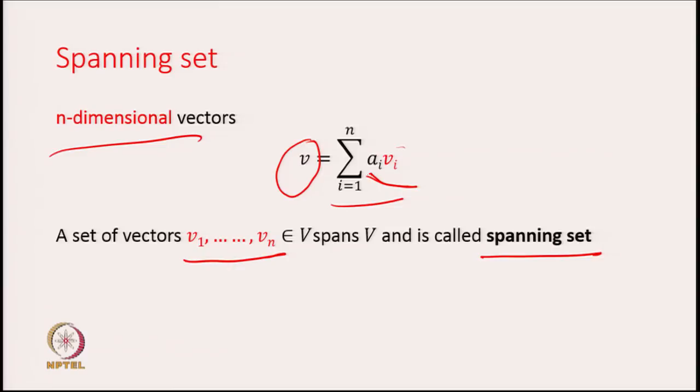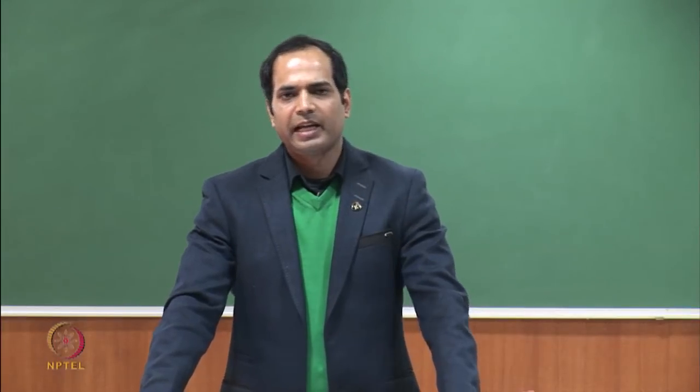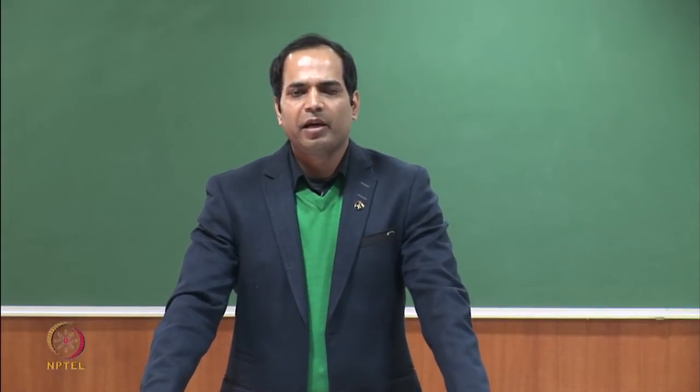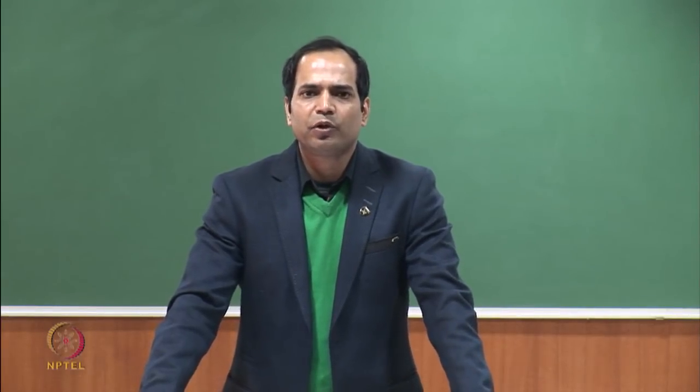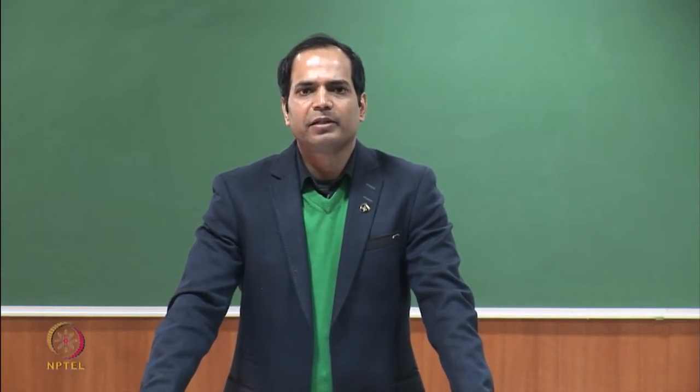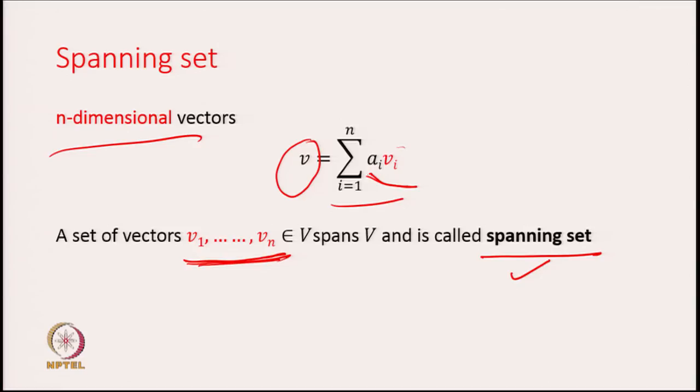So, this set of vectors which allows us to span a vector space is known as a spanning set. This is important. So, what we have learned so far in vector spaces is that I can obtain a vector by a linear combination of some other vectors, and normally if I want to span an n dimensional vector space, I would need n properly chosen vectors, intuitively.